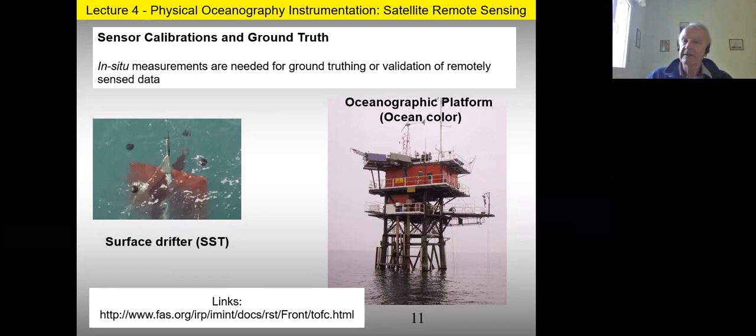Therefore, we have to have the direct in situ data.